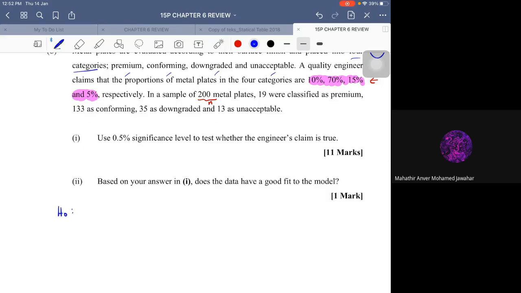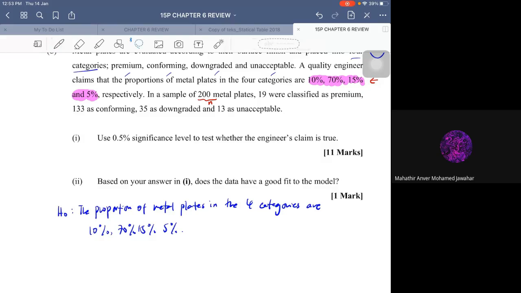So we're going to say yes: the proportion of metal plates in the four categories are 10%, 70%, 15%, and 5%. So that is going to be our H0. Basically all we have to do is agree with the statement.